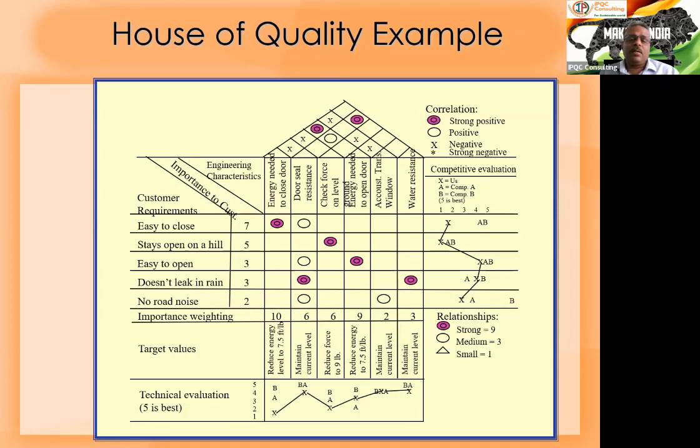This helps you choose the best alternative to change. If there is a relationship between this parameter and that parameter, and you increase this, probably that also will increase proportionately.